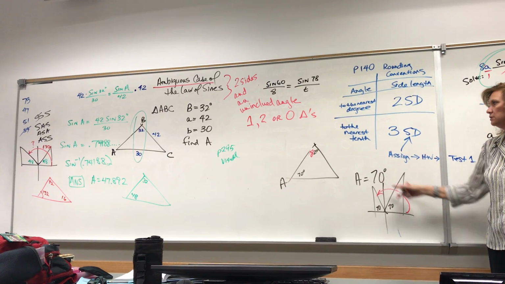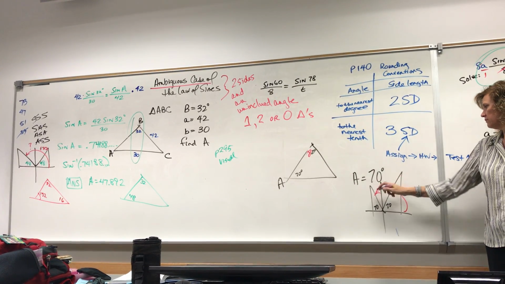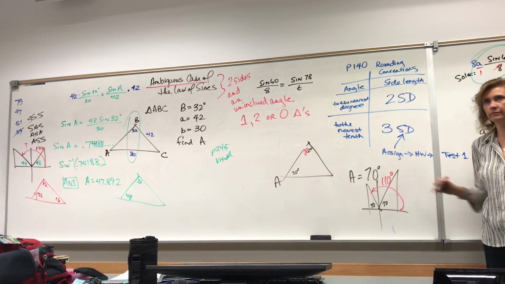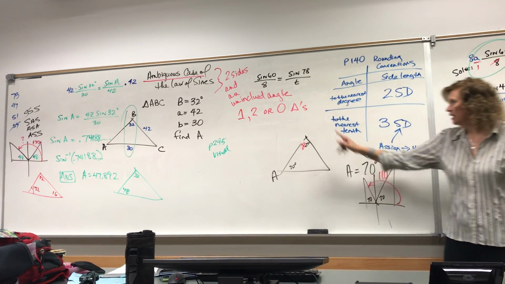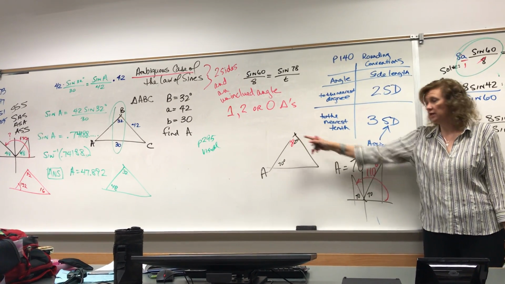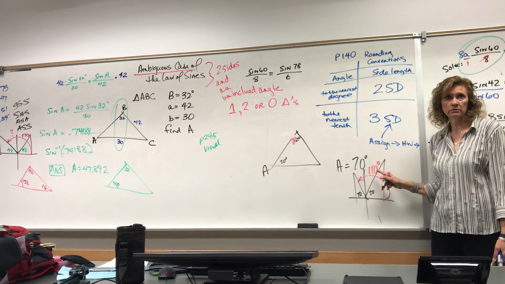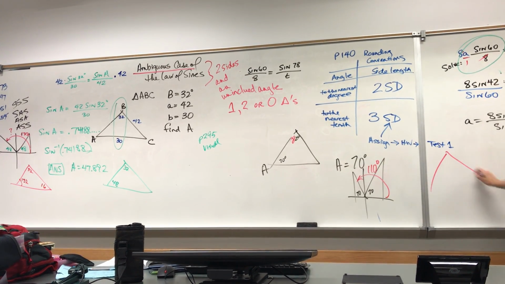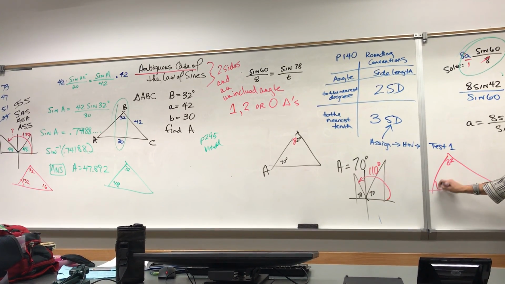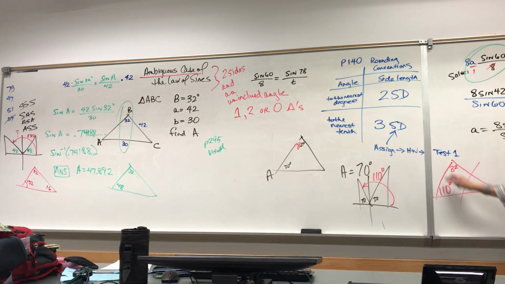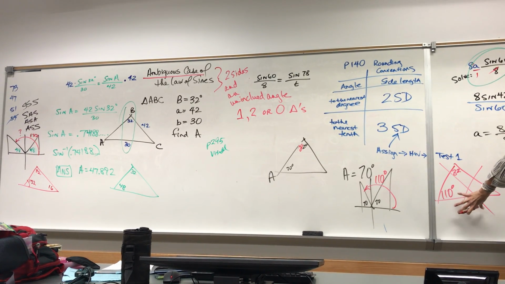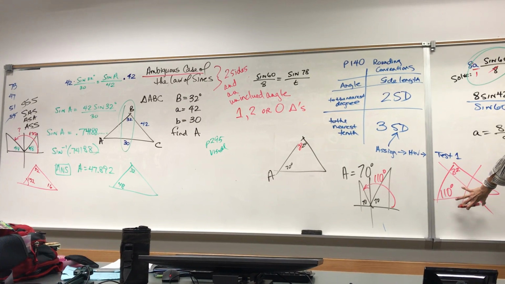Do all the math. 70, totally fine. 70 over here is 110. Can I have an original triangle that had an 82-degree angle and now this 110-degree angle? Okay, 82, 110, busted. So it's not working, I throw that out, I don't solve that one.